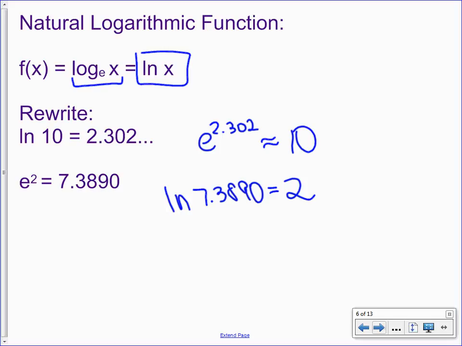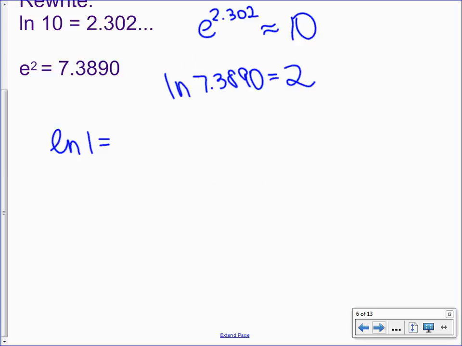Okay, so you still have, natural log of 1 is going to be what? Anything with 1 inside the logarithm is going to be 0. Okay?